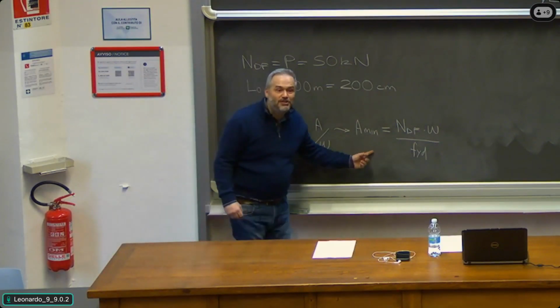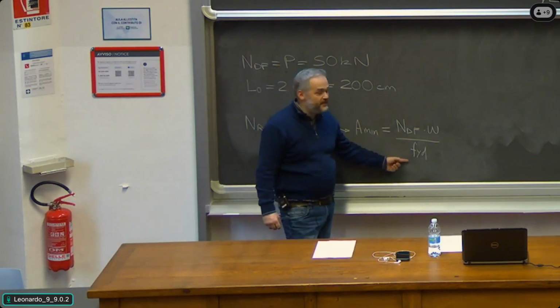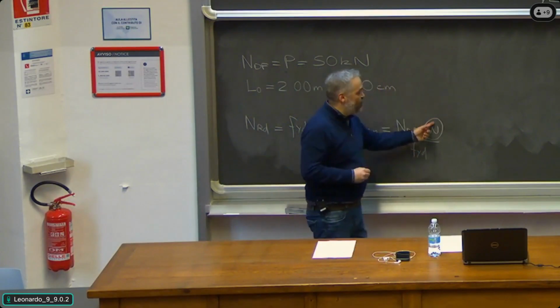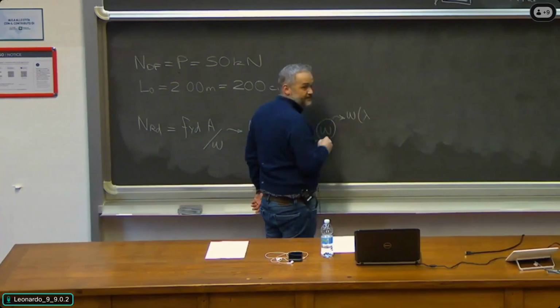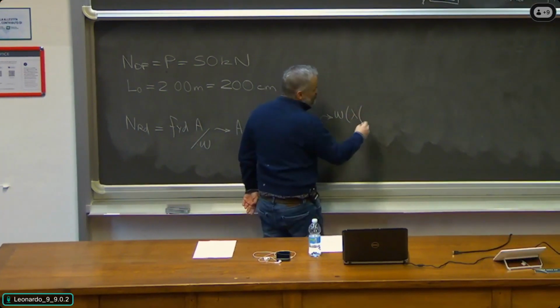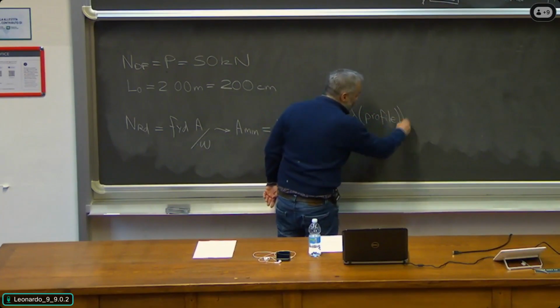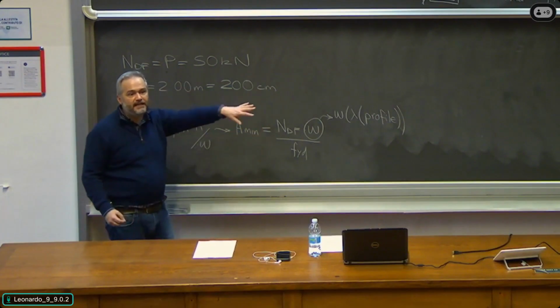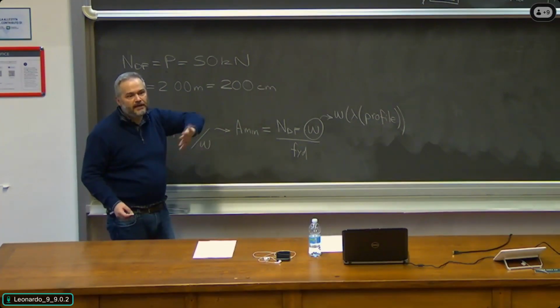But we cannot use this one. Why? Because we know NDF, we know Fyd, but we don't know omega. Omega is a function of lambda, which is a function of the profile we choose, because it depends on the radius of gyration. So a direct way to immediately get a solution is not possible, which means you have to design by trial and error.